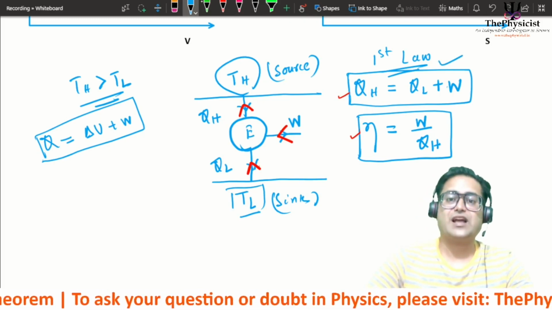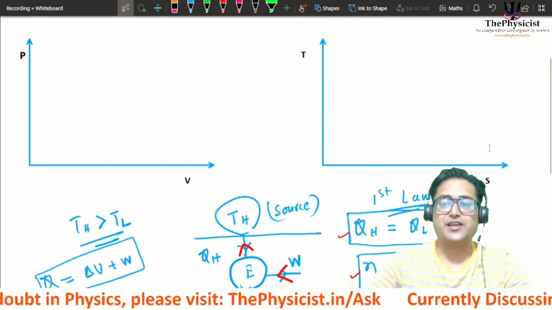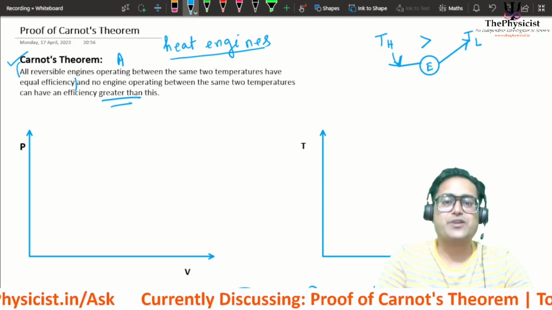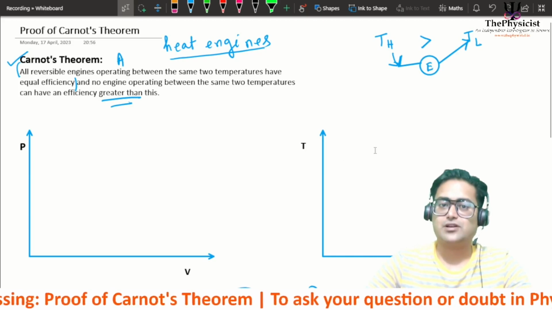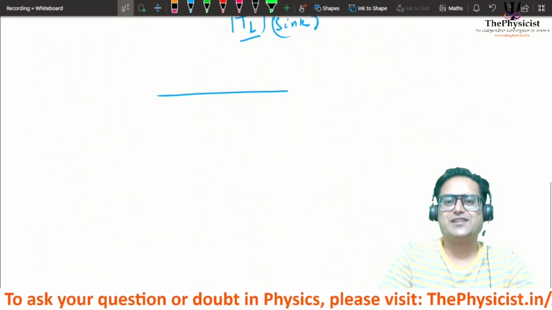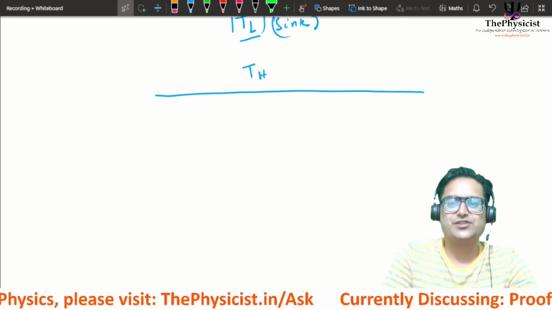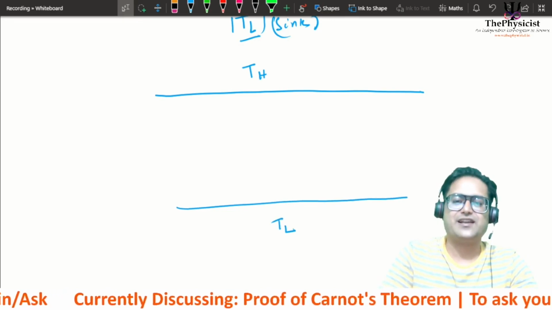Okay. But now, we need to prove Carnot's principle, theorem, right? So, it says all reversible engines operating between the same two temperatures have equal efficiency. Really? Well, let's see. Imagine I have a source at a temperature TH and a sink at a temperature TL, right?